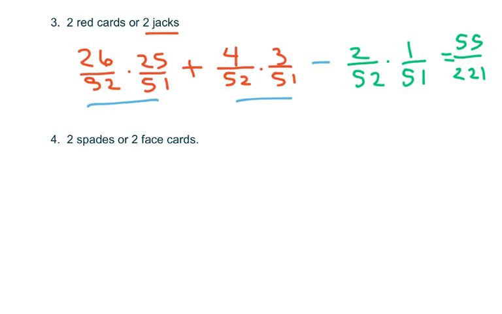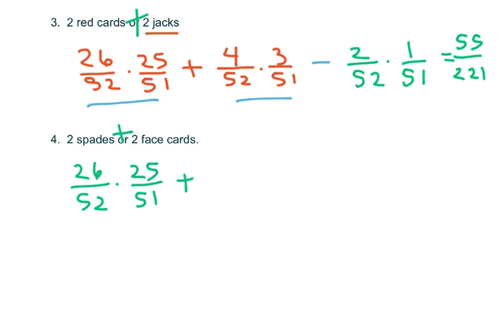We have 2 spades, which we already know is what? 1 over 17, but I'm going to do it the right way. So it's 26 over 52 times 25 over 51 minus, or plus, this is ors, plus, I just changed my ors to plus, face cards.